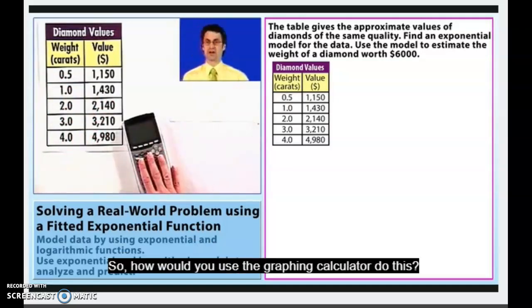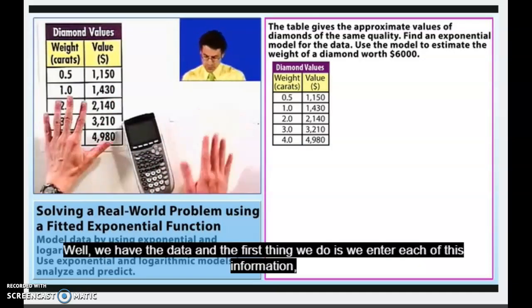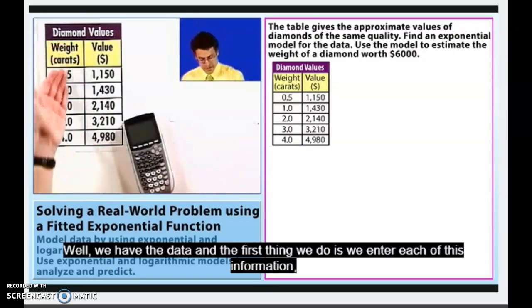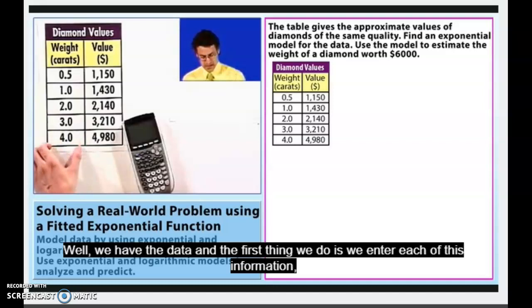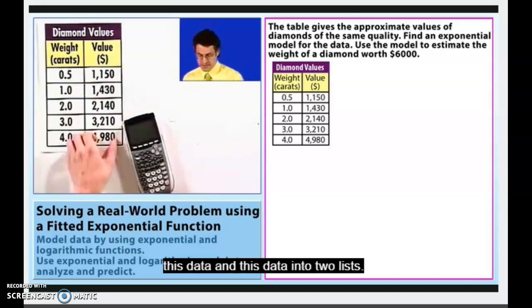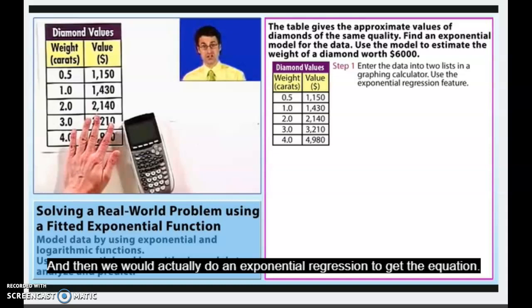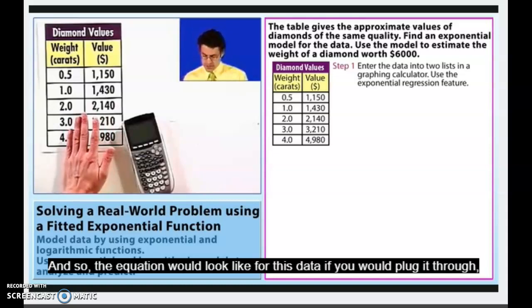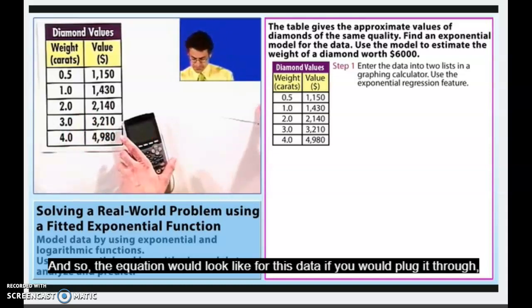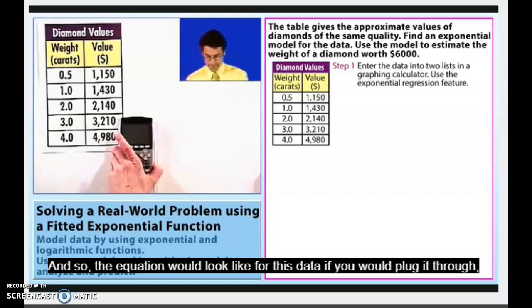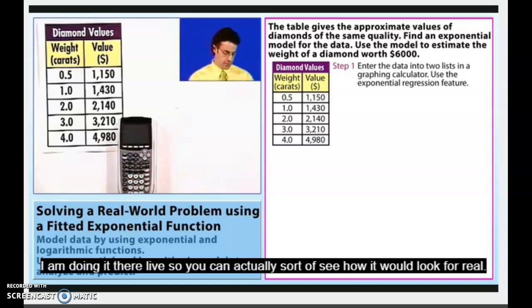So how would you use the graphing calculator to do this? Well, we have the data, and the first thing we do is enter this data and this data into two lists. Then we would do an exponential regression to get the equation. I'm doing it live so you can see how it would look for real.